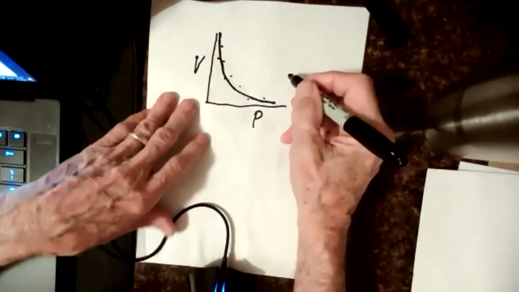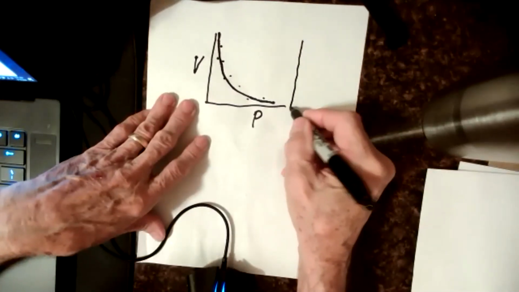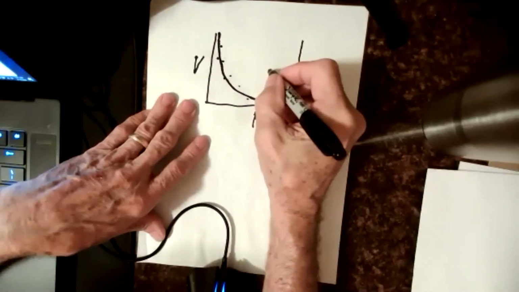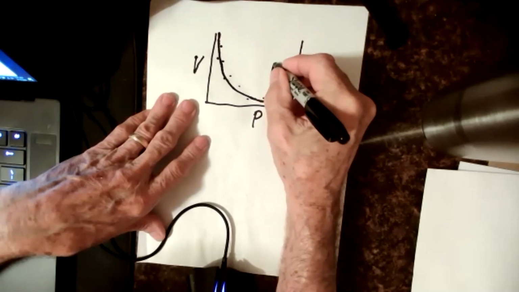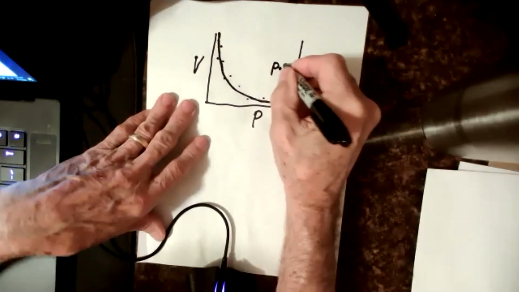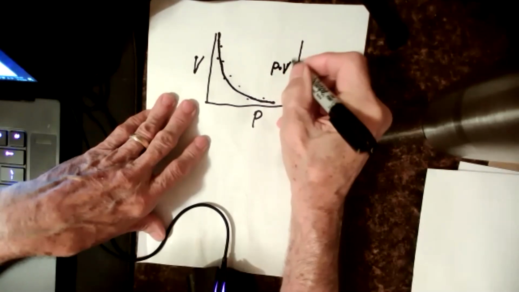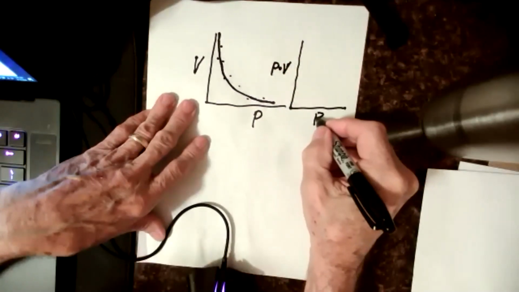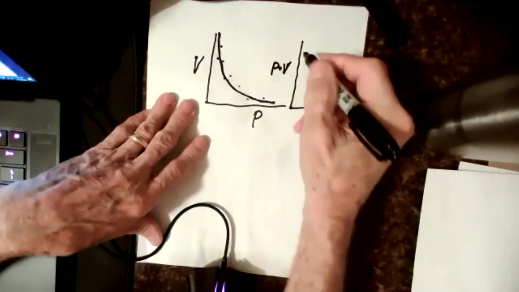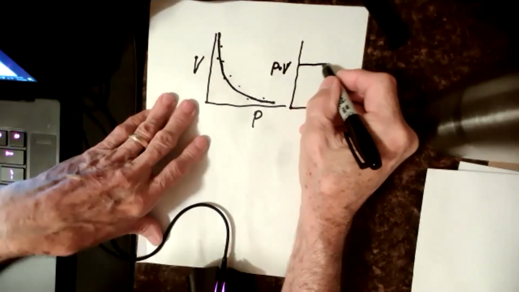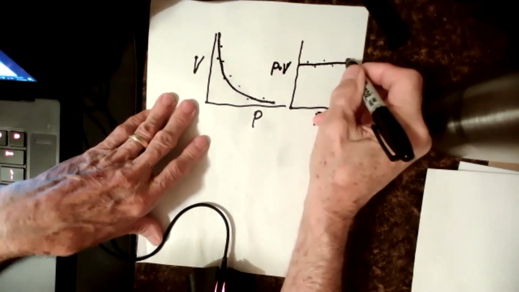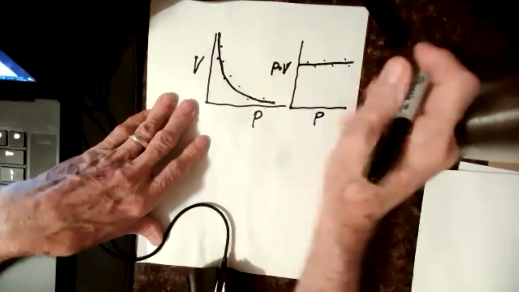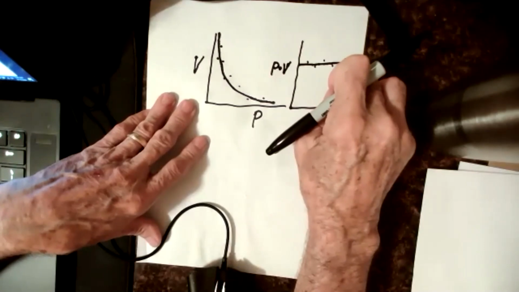But now you can do a graph like this if instead of plotting volume on the y-axis, I plot the pressure times the volume on this axis and the pressure on this axis. Now, this will be a constant. So now if you've got data that's got scatter, it's pretty easy to draw a straight line through that data.